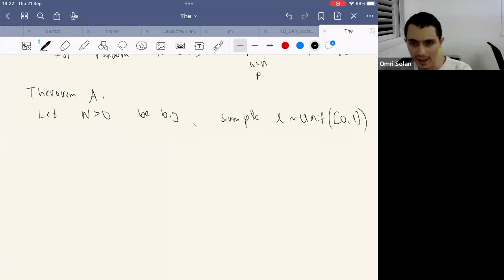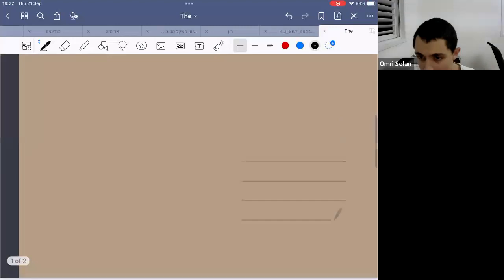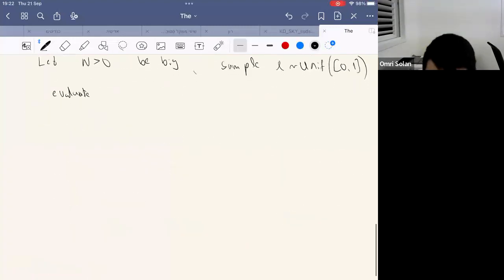Okay, so n is a big number, x is random in [0, 1], and evaluate this minimum of |x minus p over q| for q less than n and p, the absolute value, and then multiply by n squared.